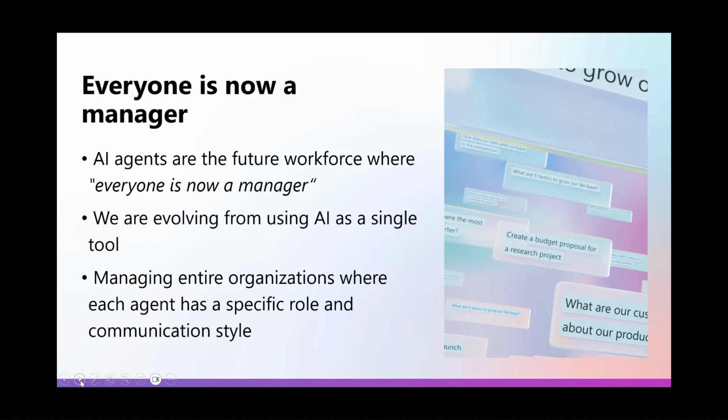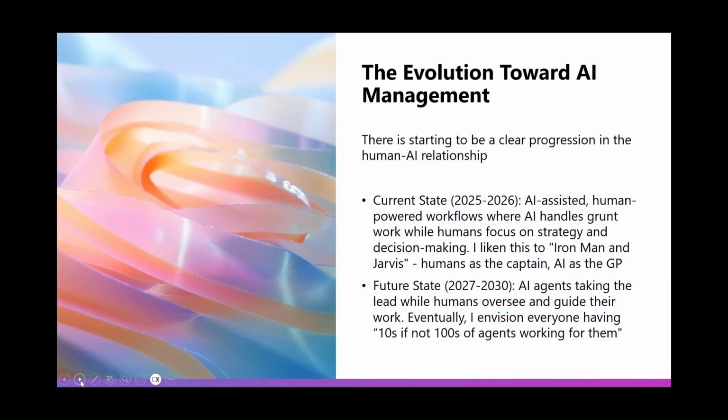We are evolving from using AI as a single tool to this multi-level orchestration that we will see ourselves managing. And the evolution, I guess, towards that management, you can see in our current state, and this is rapidly changing, we're in this situation where we've got our AI-assisted, human-powered workflows, and AI is really handling that grunt work, while us as humans focus on that strategy and decision-making.